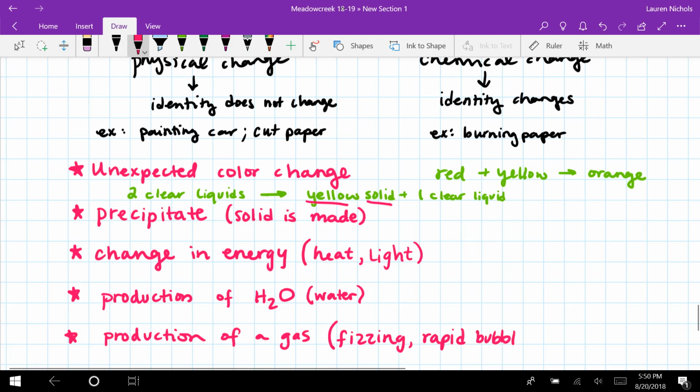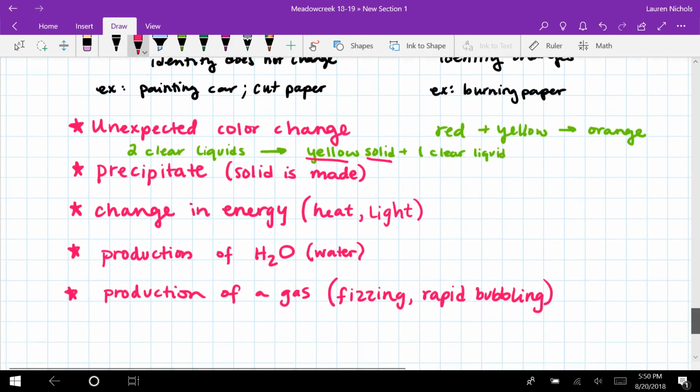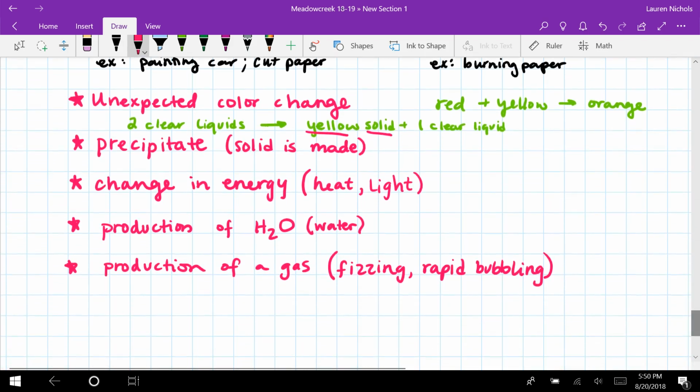Now, one thing that I would like for you to keep in mind is that boiling is not a chemical change. If I am changing it from a liquid to a gas by adding heat, that bubbling and that change in energy is purposeful. That is not a chemical change.